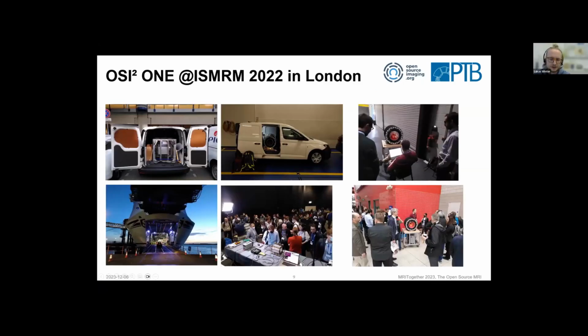This was also the scanner that we brought last year to London, so we packed it up in a small van in Leiden, then over the ferry, some setups from Tom, and then we had the build your own open source scanner session, which was quite popular. And you can also see in the front, there's Kristen. So somehow this build your own open source scanner team is back here as well. Kristen will talk afterwards. This was a very nice session, created a lot of interest, and demonstrated also a little bit this portability of the system.